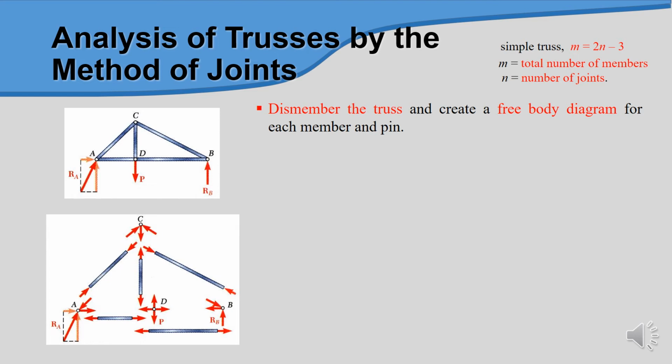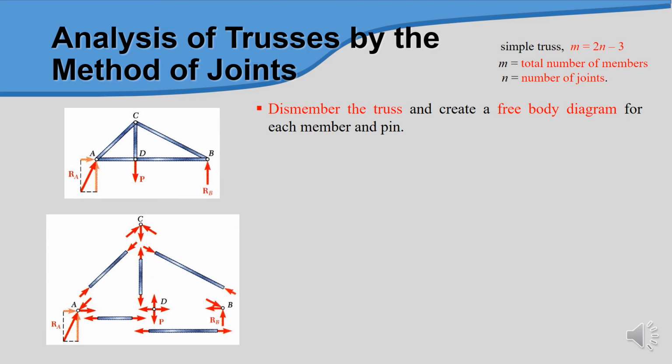In the method of joints, the first step is we need to dismember the truss and create a free body diagram. So we have 1, 2, 3, 4, 5 members, and we separate them away, and then we produce a free body diagram. Also at the joints A, B, C, and D, we need to produce a free body diagram.